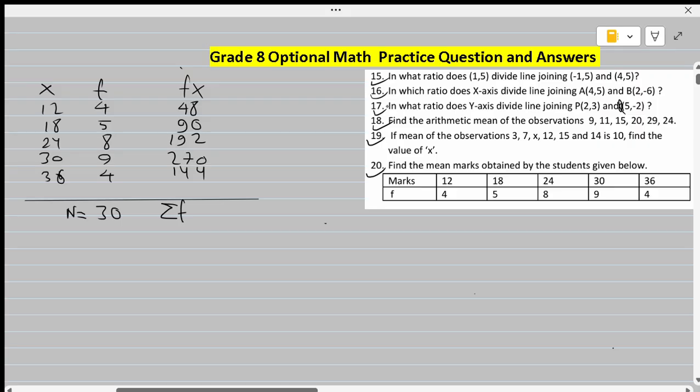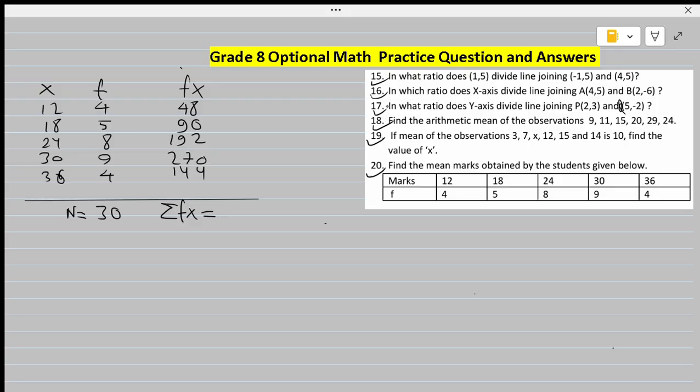For the summation of fx: 8 plus 2 is 10, 10 plus 4 is 14, so 1 carried over. Then 9 plus 9 is 18, 18 plus 4 is 22, 22 plus 4 is 26, 26 plus 7 is 33, and 33 plus 1 is 34, so again 3 carried over. Then 2 plus 3 plus 4 plus 4 plus 3 is 7, so 744.